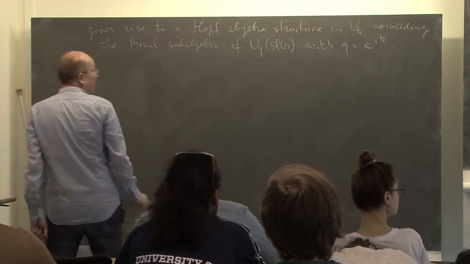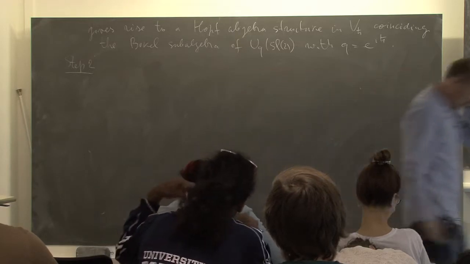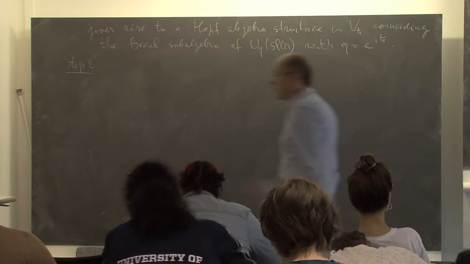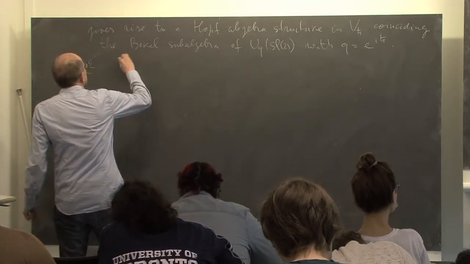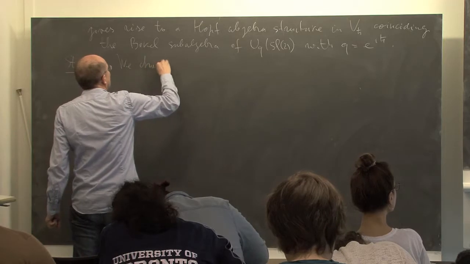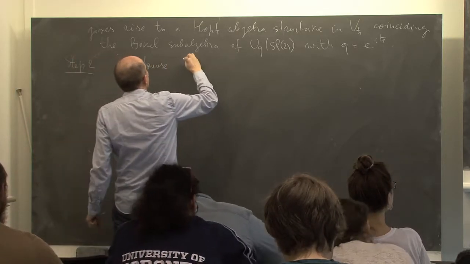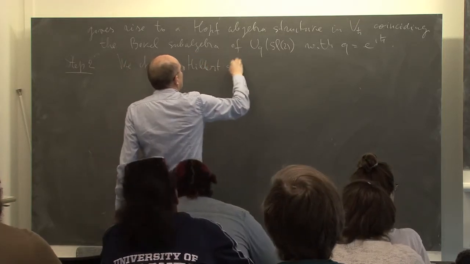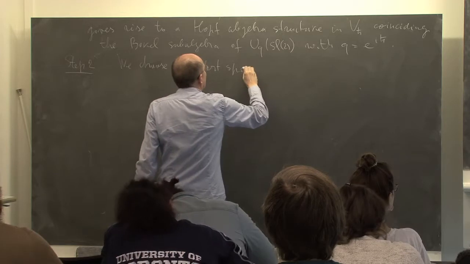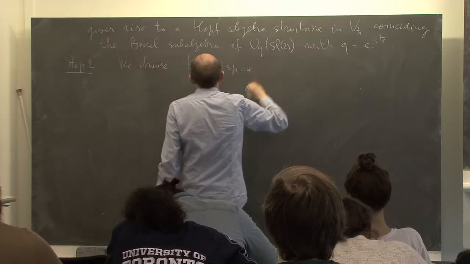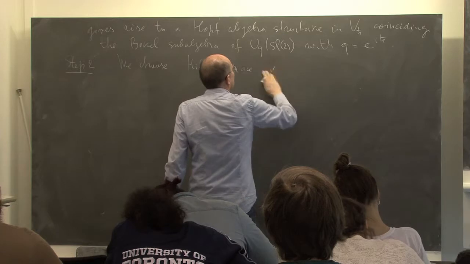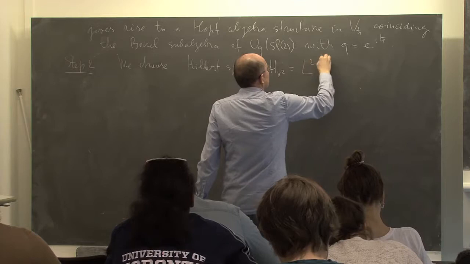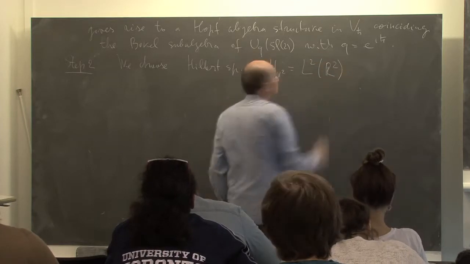So what we have to do, if you look at the general outline of the quantization procedure, on step 2 we have to pick up a Hilbert space. So we choose the Hilbert space V squared to be the space of L2 functions over R2.